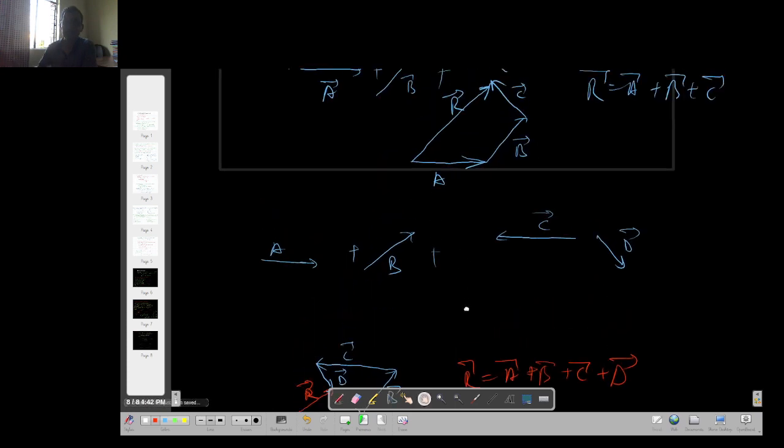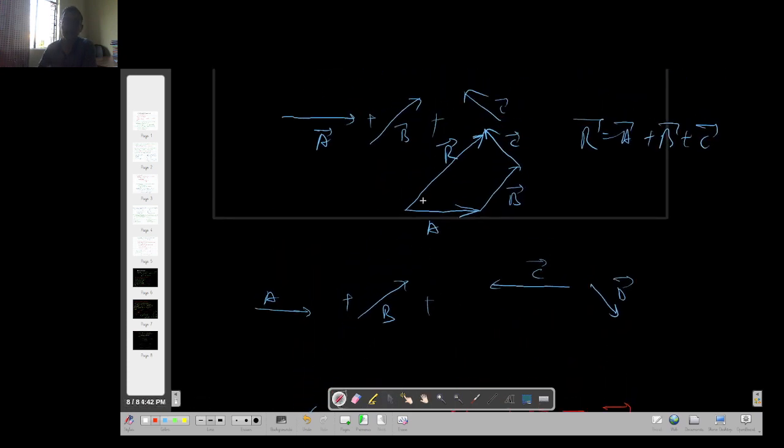We can also prove it using the triangle law of vector addition. If I use the triangle law here, then this vector is known as, say, C prime. So C prime is equal to A plus B. Now if I take this triangle, this part, then R is equal to C prime plus C vector, and C prime is A plus B. C will remain as it is, right?